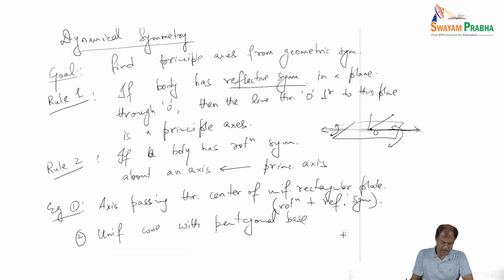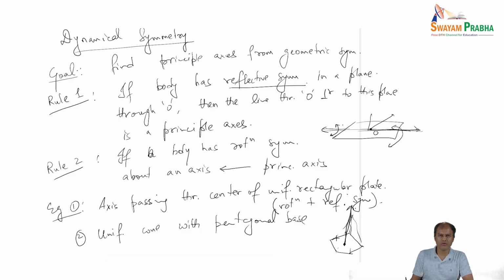So we have a pentagon, and we have a uniform cone here, and we see that, given the symmetry in the base, we expect that the principal axis will be passing through the center of the pentagon base, and it should go towards the vertex, right?